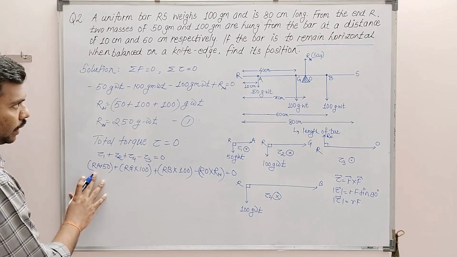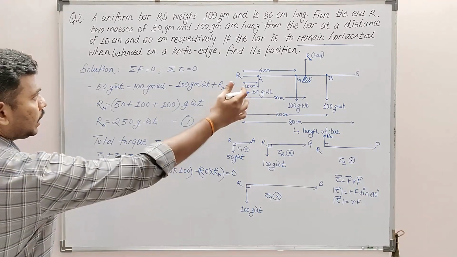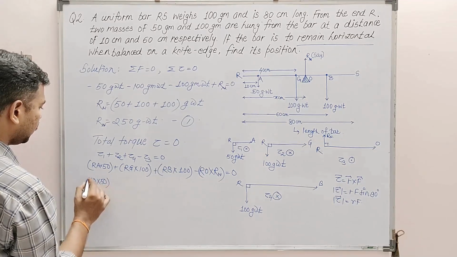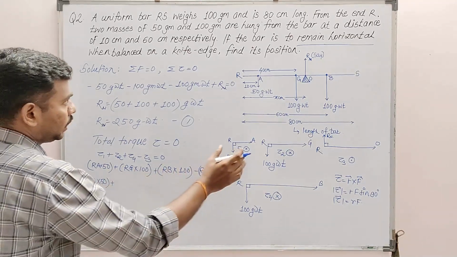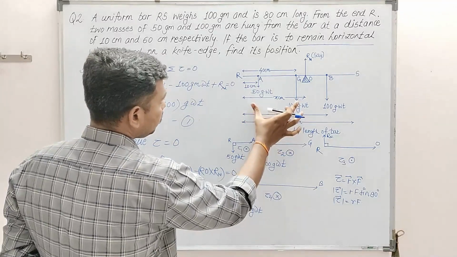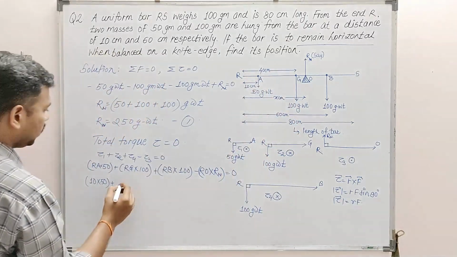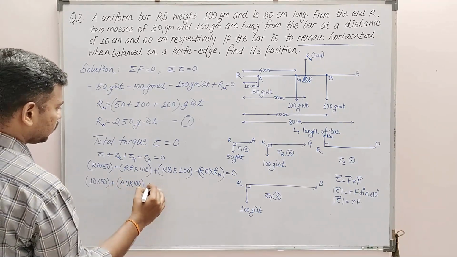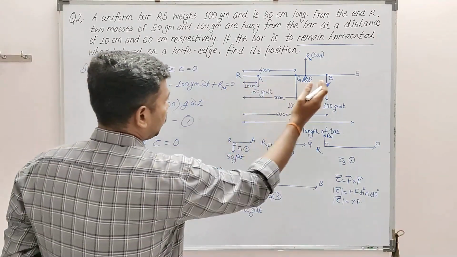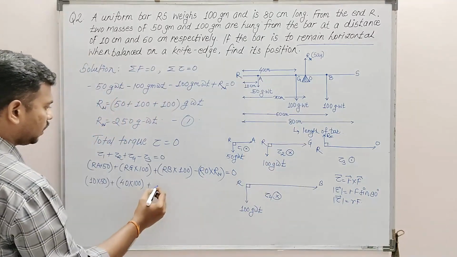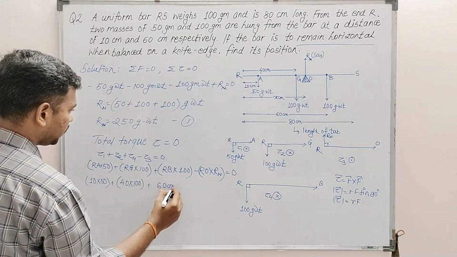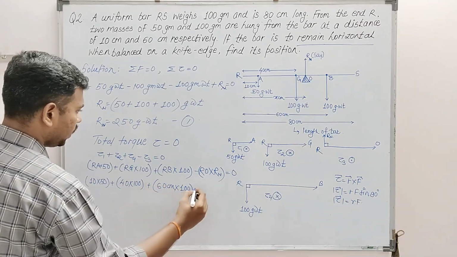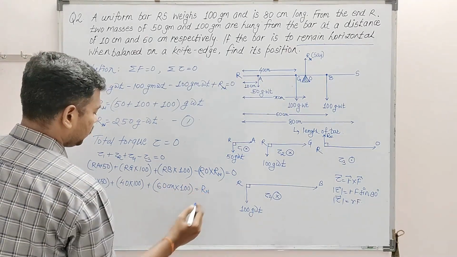Let's substitute the values. Ra is 10 centimeter, so 10 into 50, plus Rg, it is 40 centimeter, so 40 into 100, plus Rb. Now Rb is 60 centimeter. All these things are given in the problem. So 60 centimeter into 100, and that is equal to Rn.